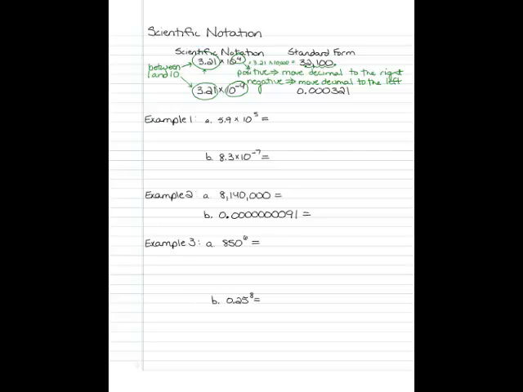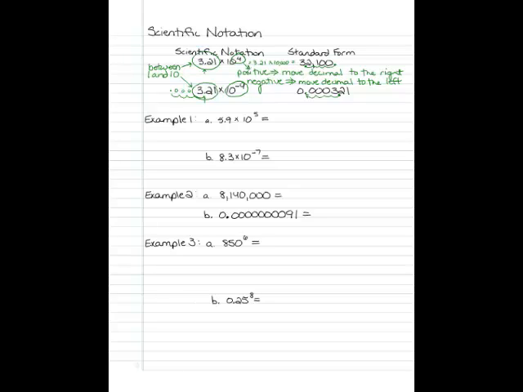So 10 to the negative 4 would tell you to take the decimal point, which is here, and move it to the left 1, 2, 3, 4 spaces. Any empty space you'll fill in with zeros. And as you can see here, that is where we come up with 0.000321. The decimal point was in between the 3 and the 2, moving 1, 2, 3, 4 spaces to the left.